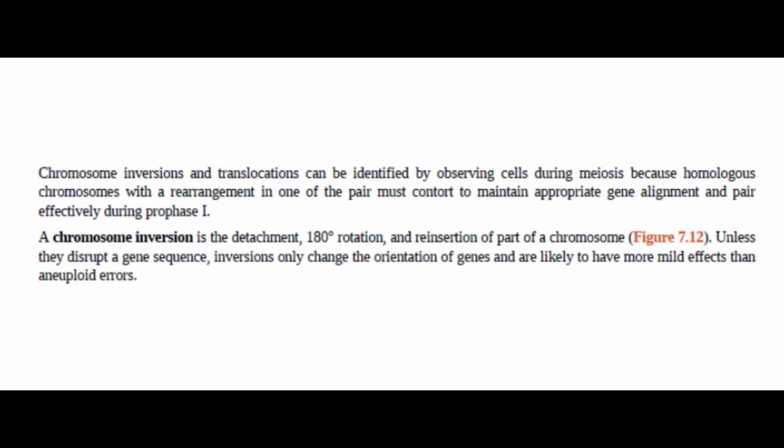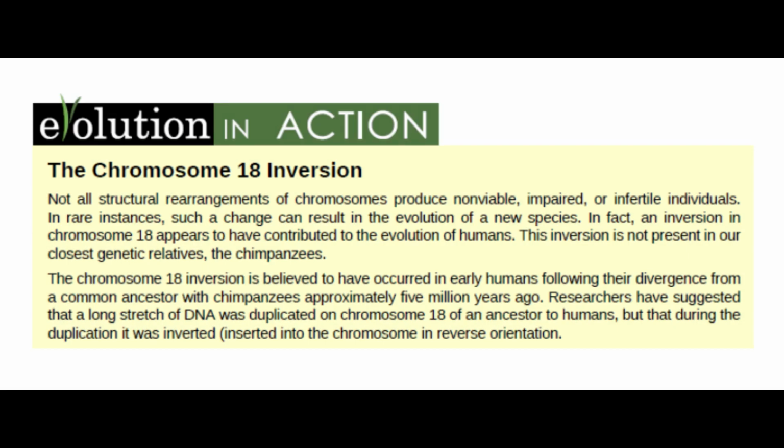A chromosome inversion is the detachment, 180-degree rotation, and reinsertion of part of a chromosome. Unless they disrupt a gene sequence, inversions only change the orientation of genes and are likely to have more mild effects than aneuploid errors. Let's look at change in action, evolutionary change in action.